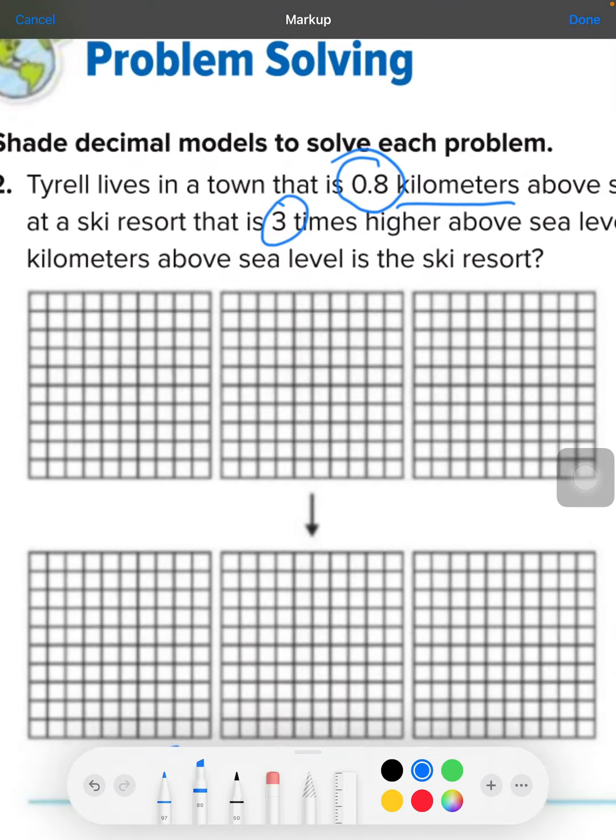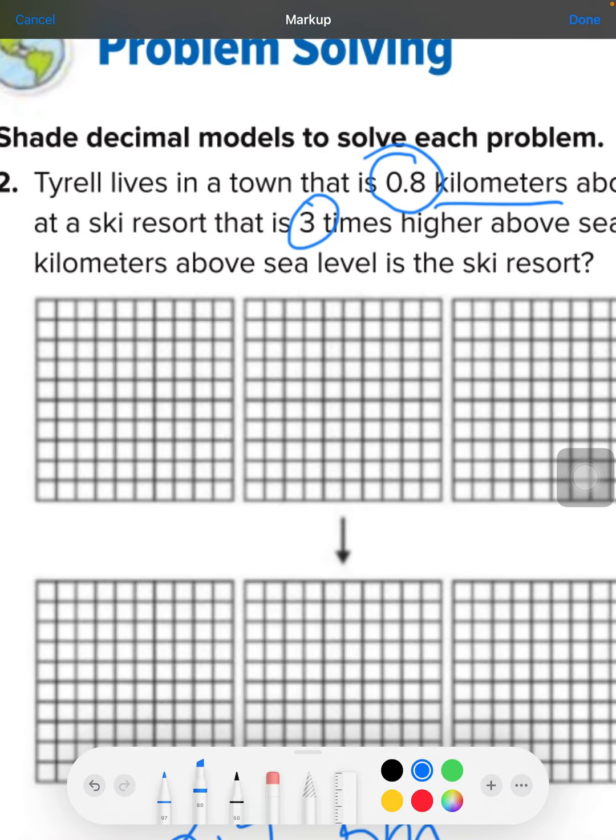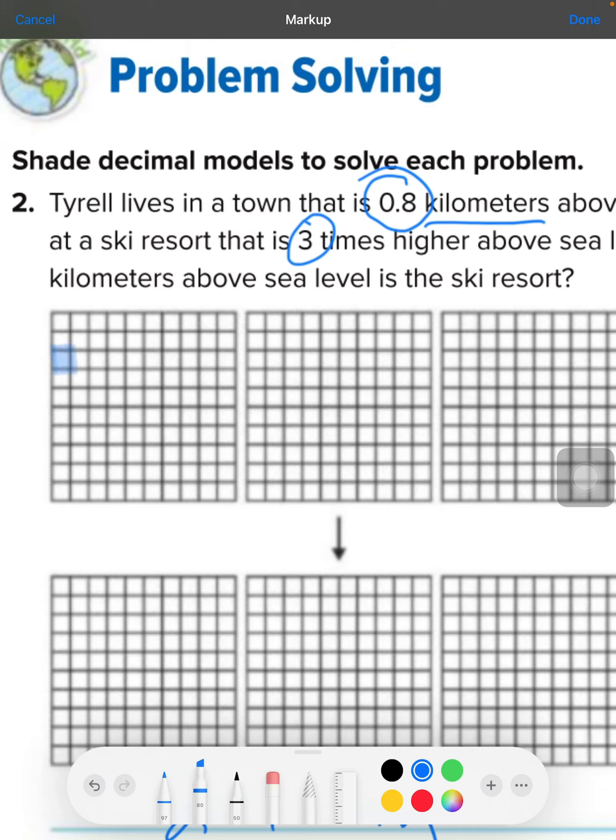Now we get to color it in. So we're going to do 0.8. 1, 2, 3, 4, 5, 6, 7, 8.